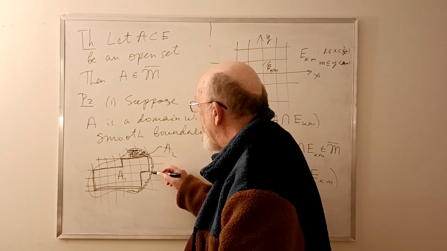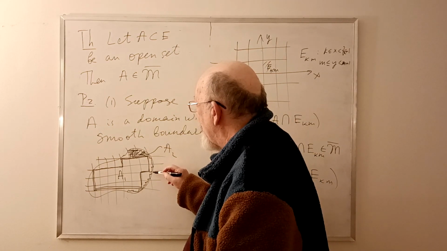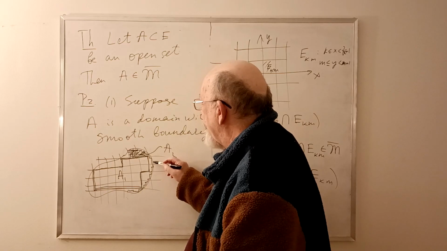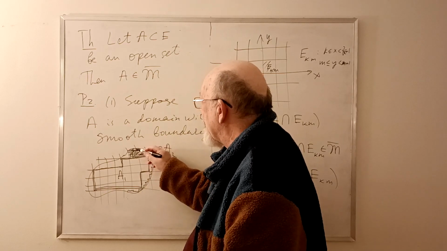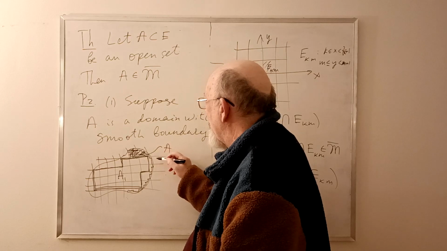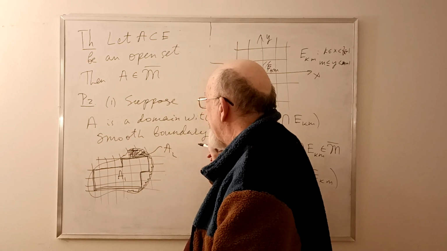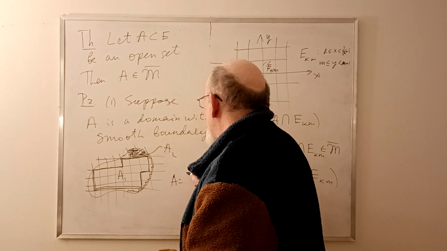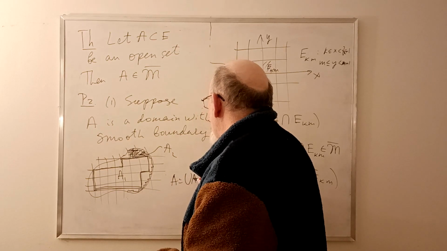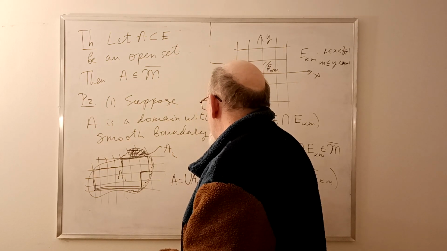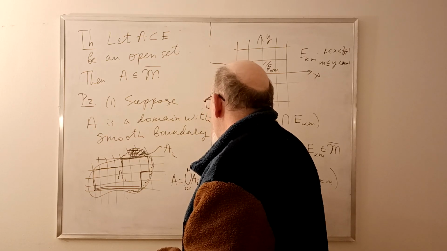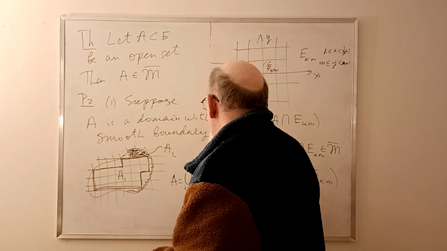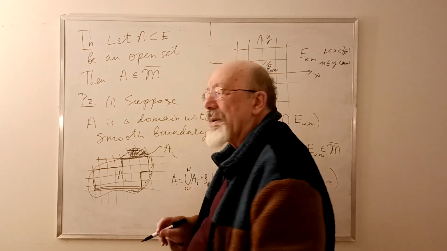And it is more or less elementary to show that the external measure lambda star of the remaining parts after A1, A2, A3, and so on goes to 0. So A equals the union of A_i, i from 1 to n, plus B_n, the remainder.